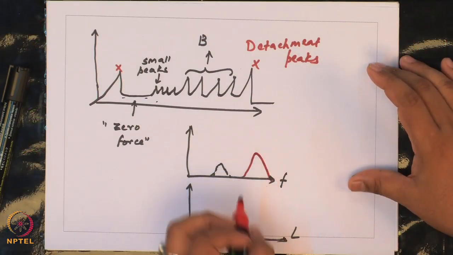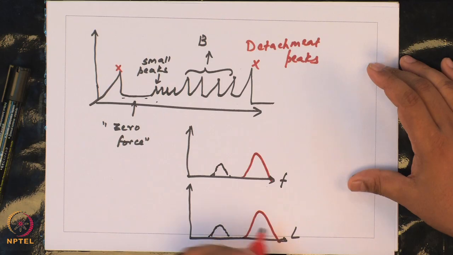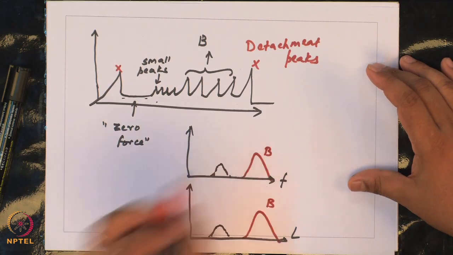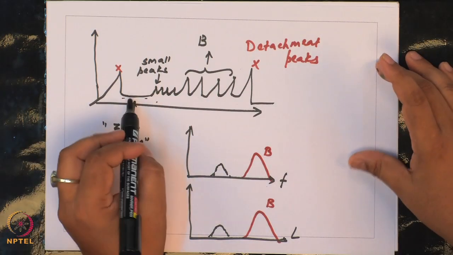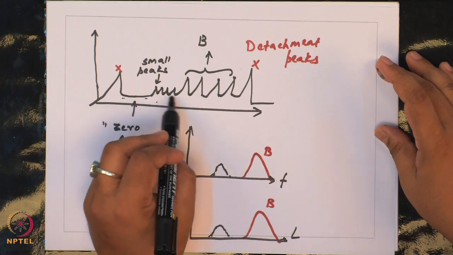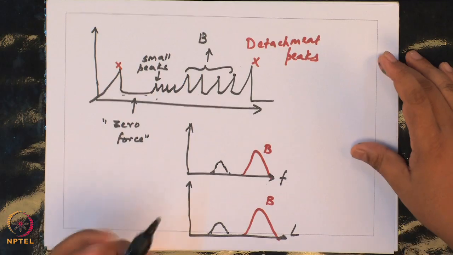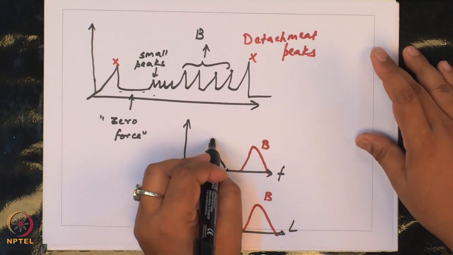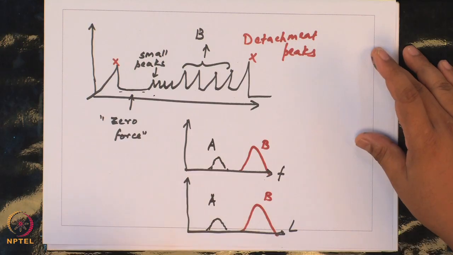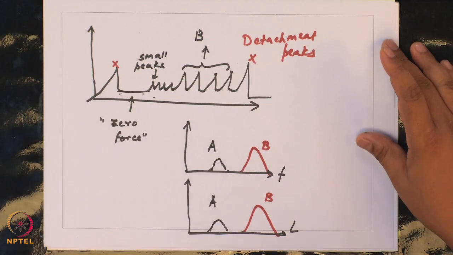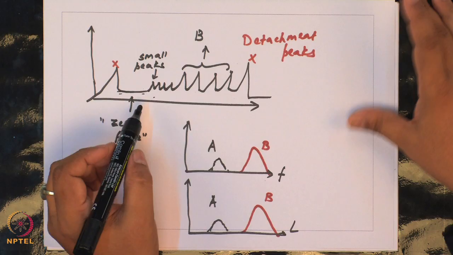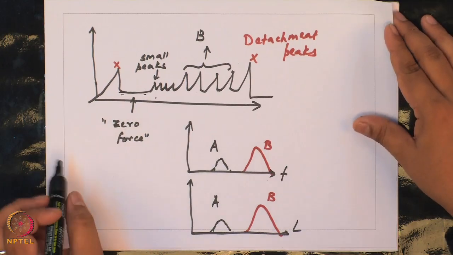Let me also draw it for B. Okay. This is for B, and you have 2 zones. One zone of 0 force followed by these 4 peaks. So, I can assign this force peak and length peak to B, A partly, but you still have this small zone where the force is 0 and the domain is getting stretched.